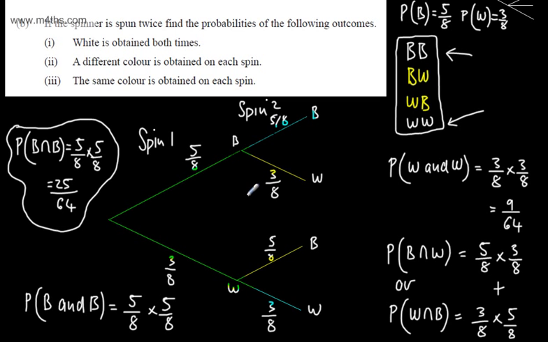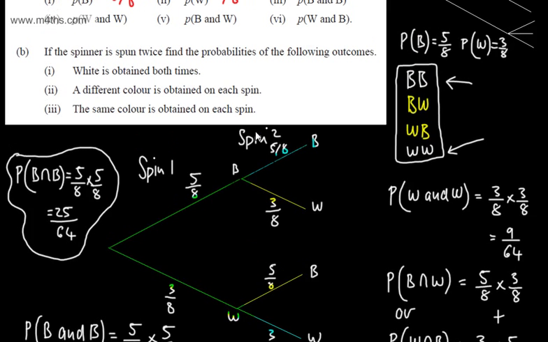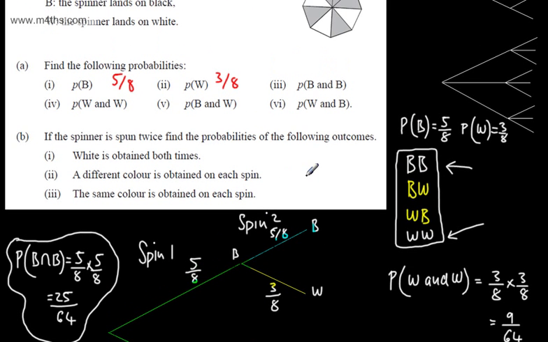For example, the scenario where we didn't have white on both, we could work out white and white and subtract that away from 1, rather than doing black and black, black and white, and white and black. So the probability that neither were white is 1 minus the probability of it being white and white. As we can see, sometimes we're going to need to use both of the laws.